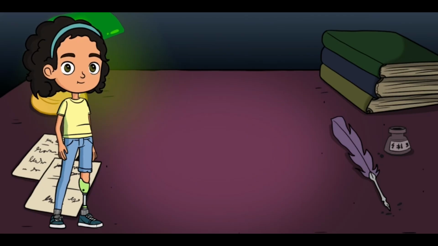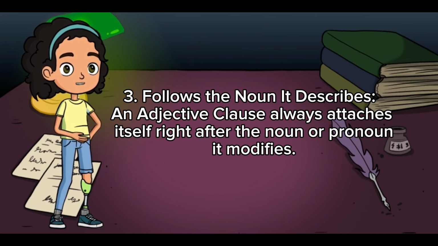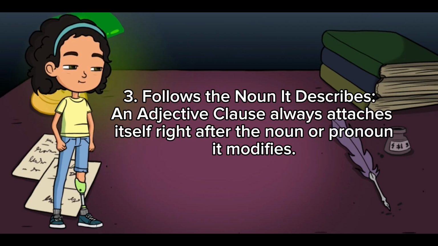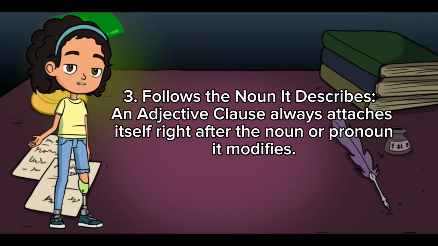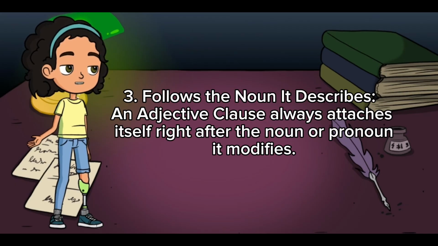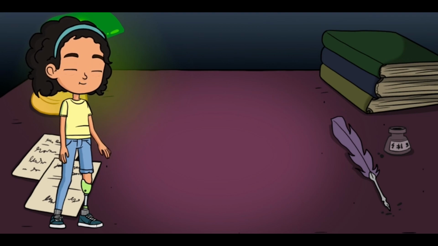And the last: it follows the noun it describes. An adjective clause always attaches itself right after the noun or pronoun it modifies. This is the key to avoiding misinterpretation.